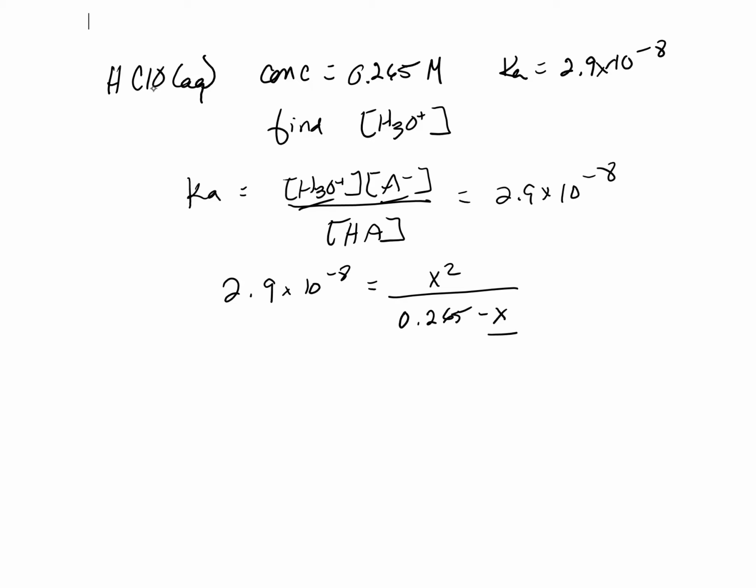But this is going to be approximately equal to x squared over 0.265. This is a much easier and faster solution than using the full quadratic, because we could just multiply both sides by 0.265, leaving us x squared.